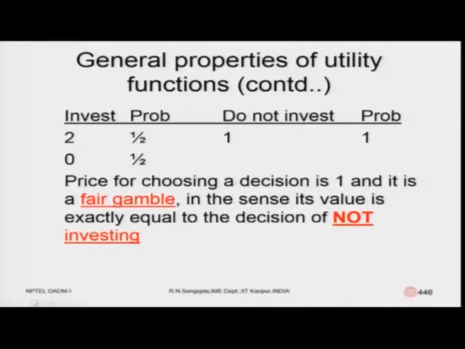With probability half I get 2, with probability half I get 0, so the expected value is 2 into half plus 0 into half.